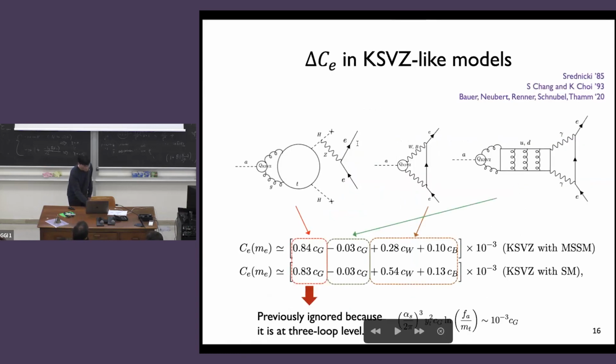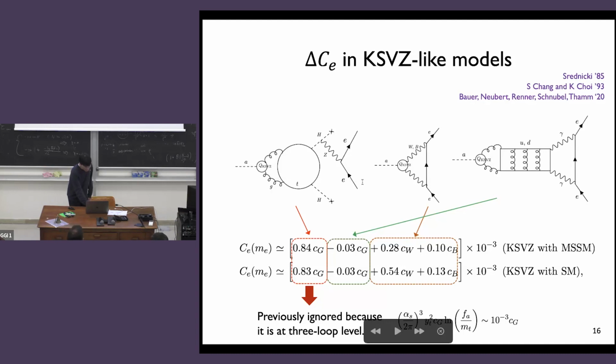Actually, this contribution is from a three-loop diagram. The axion gluon coupling renormalizes the axion top coupling, and this axion top coupling in turn renormalizes the axion Higgs coupling, and then after the Z boson is integrated out, it gives rise to the axion electron coupling.